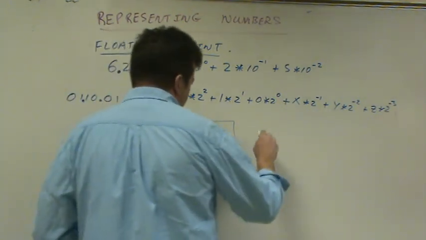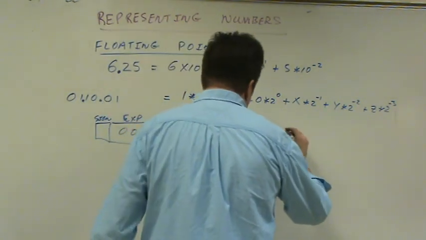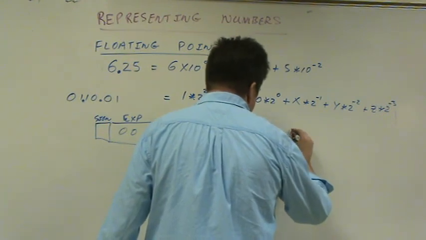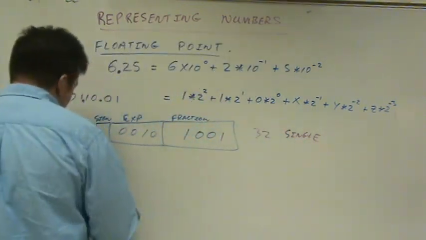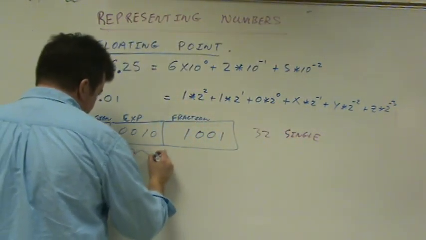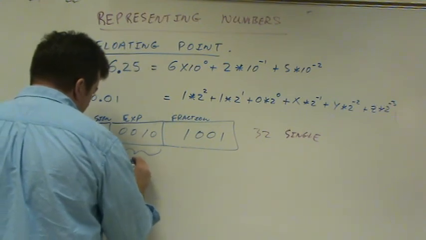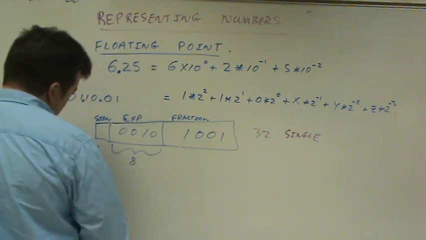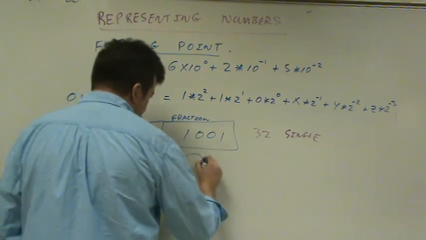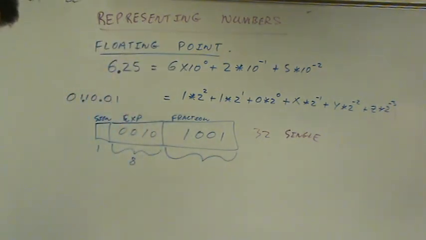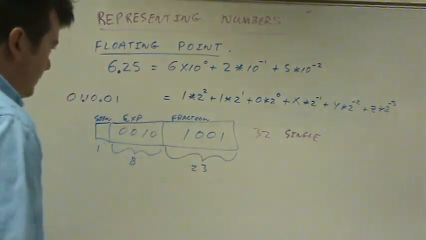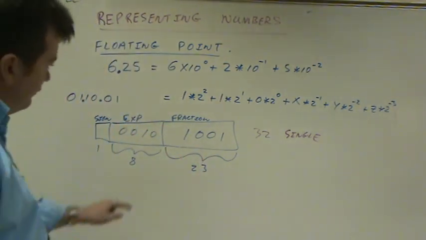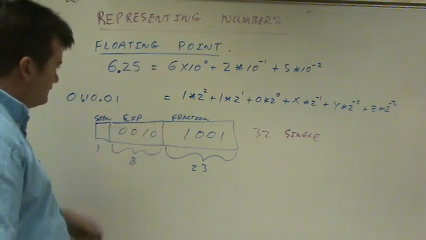So for 32-bit numbers, which is called single precision, they decided to allow 1 bit for the sign, 8 bits for the exponent, and that leaves us with 23 bits for the fractional part. They get rid of the leading one, because they know it's a 1.